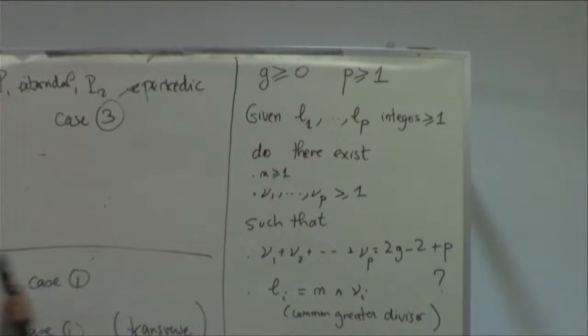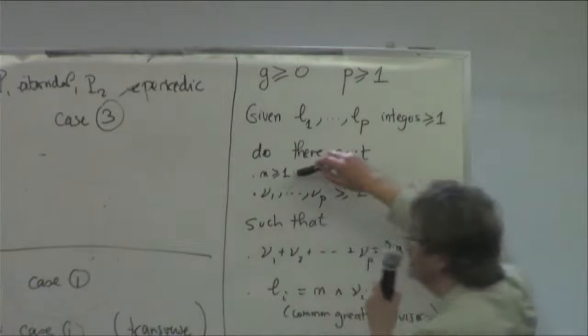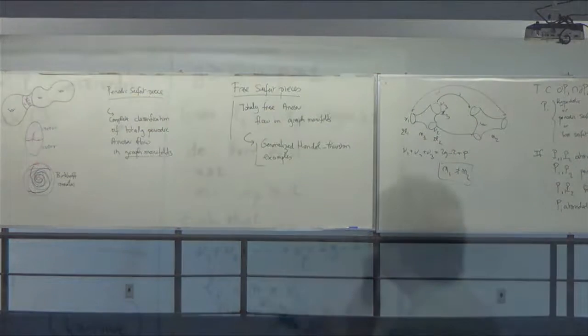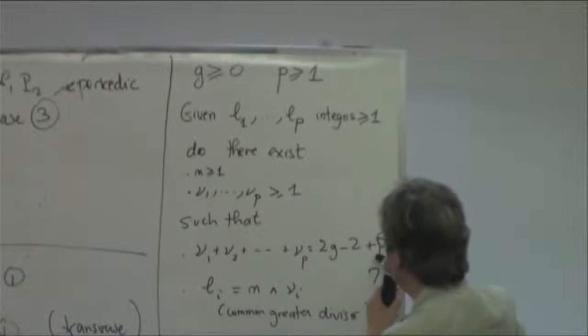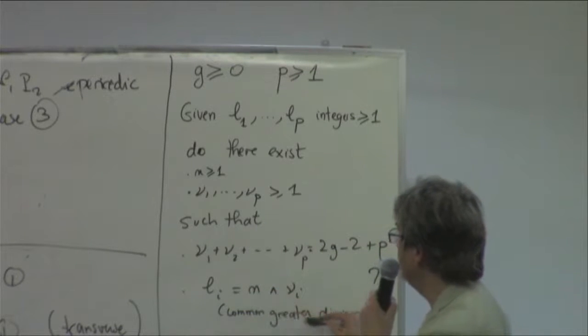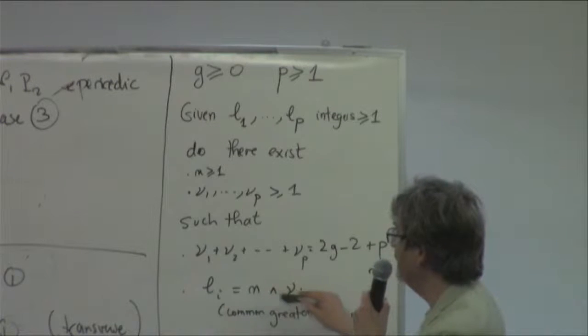So the question: can you find some index n and integers giving the finite cover? You need this condition, and you want the number of periodic orbits to be the greatest common divisor of n and u_i.